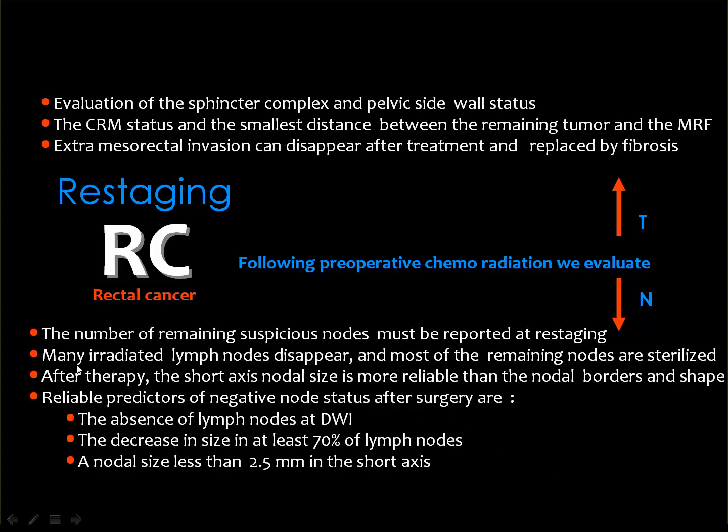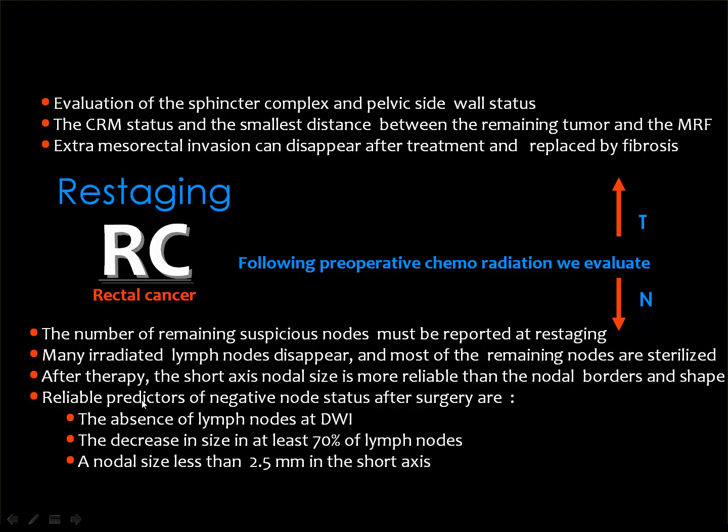According to the literature, many of the irradiated nodes disappear, but most of the remaining nodes are sterilized from the tumor cells. After therapy, the short axis nodal size is more reliable than the border and the heterogeneity.